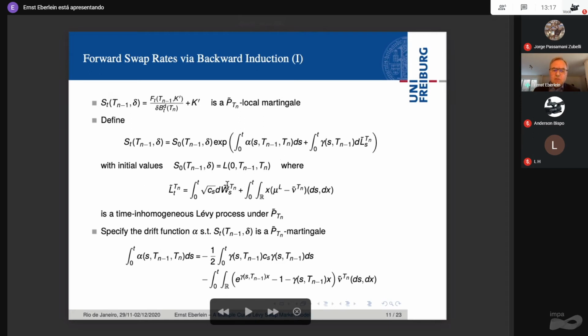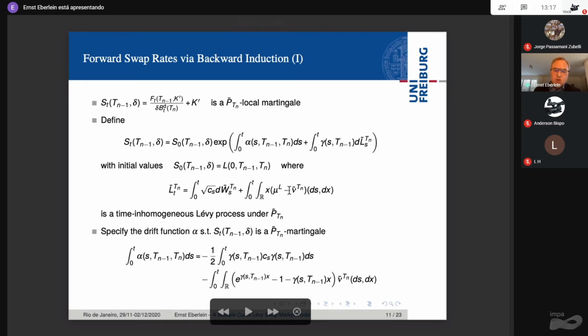And now we have to make certain assumptions, which I did not write down in detail here. We want to get a martingale. And to make sure that the exponential of this stochastic integral makes sense, it has to have a finite expectation.